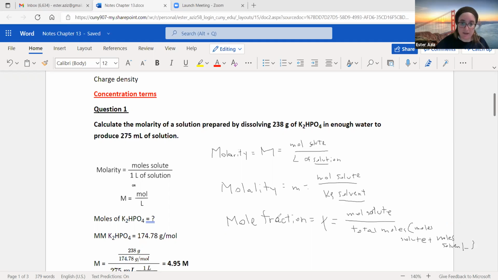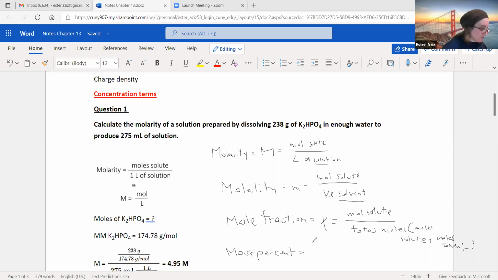And then you have something else, mass percent. That's very similar to mole fraction, just instead of moles, you have grams, because it's mass percent, and then you multiply this by 100.